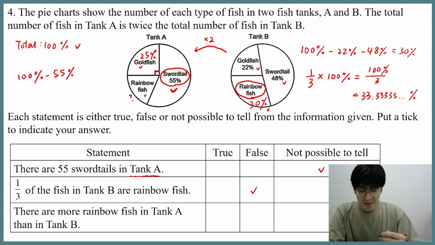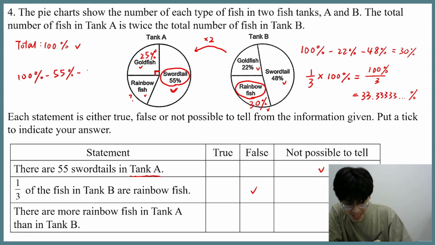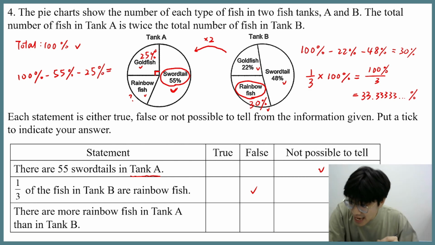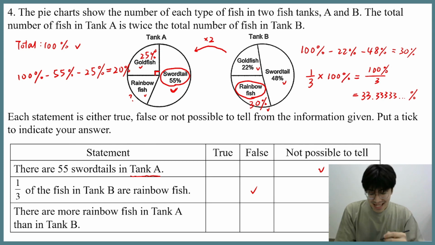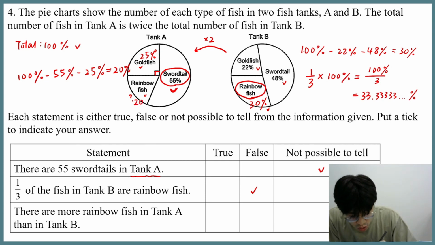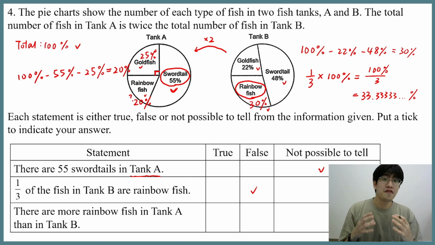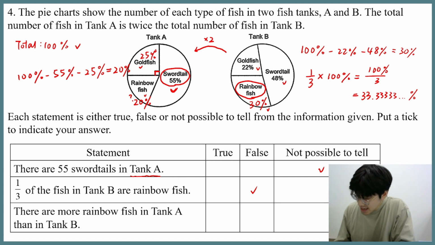So now, to find out the rainbow fish percentage, I will simply subtract 25% so that I get 20%. Meaning that rainbow fish takes up 20% of the total number in tank A.